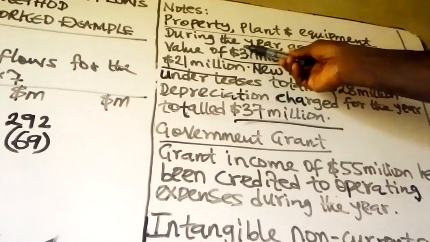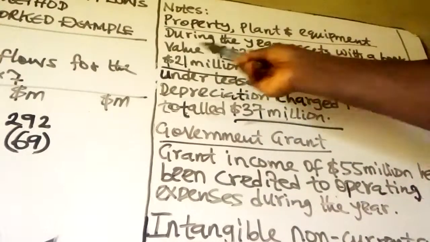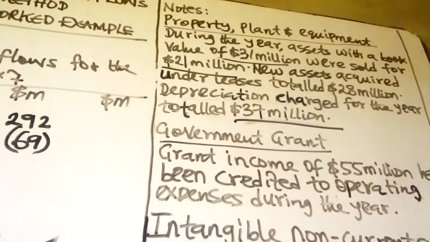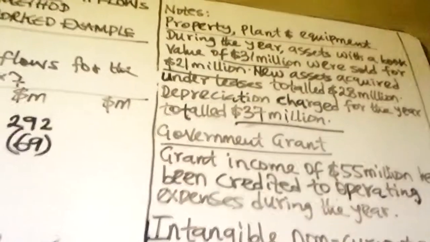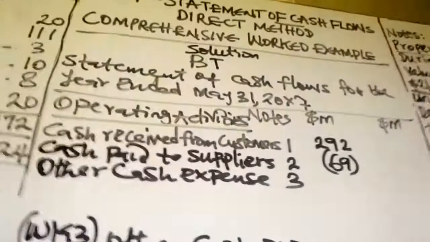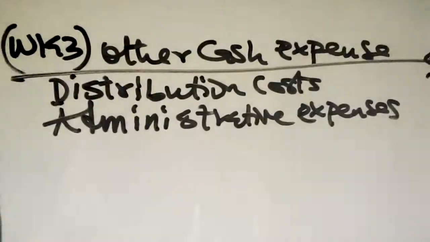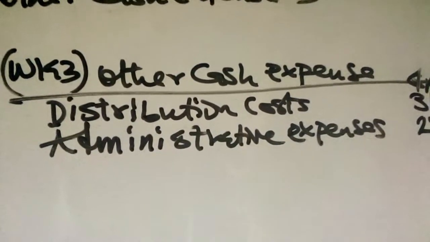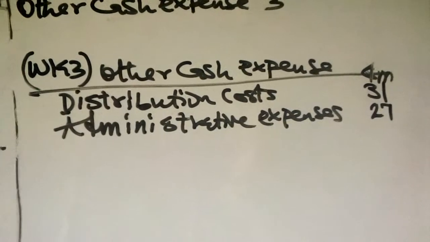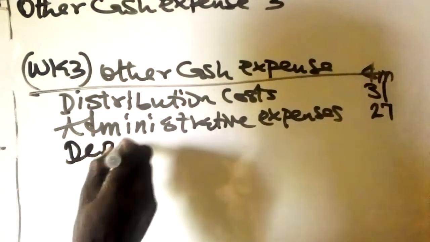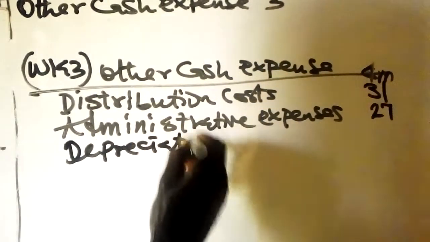The loss on disposal, which is 10 million, the difference between 31 million and 21 million, also will have been included in administrative expenses. On the basis of the depreciation policy, since depreciation is in administrative expenses and not in cost of sales, depreciation will have been added to administrative expenses. So the depreciation which has been added, we are going to eliminate that.